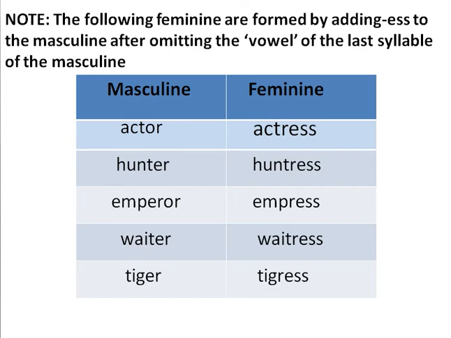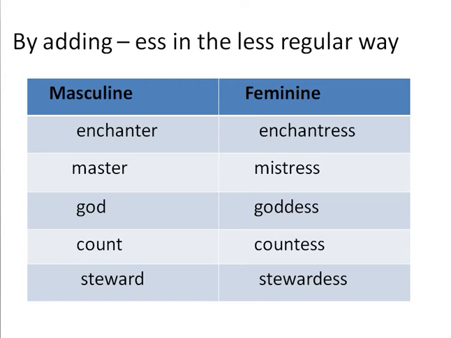Hunter becomes huntress by removing E. Emperor, empress; waiter, waitress; and tiger becomes tigress. We can also make the feminine by adding ess in a less regular way. That is, enchanter becomes enchantress; master, mistress; god, goddess; count, countess; and steward, stewardess.